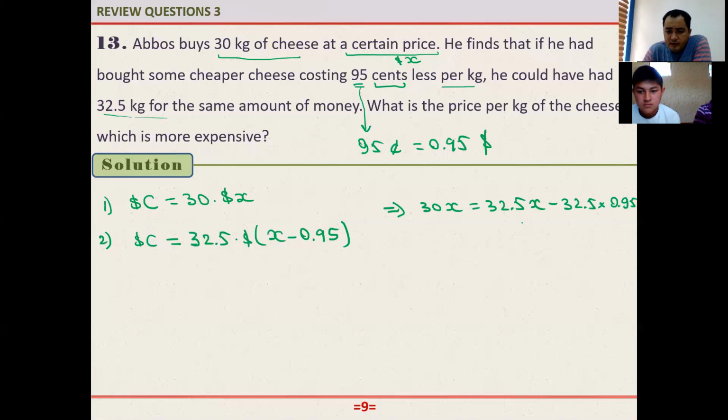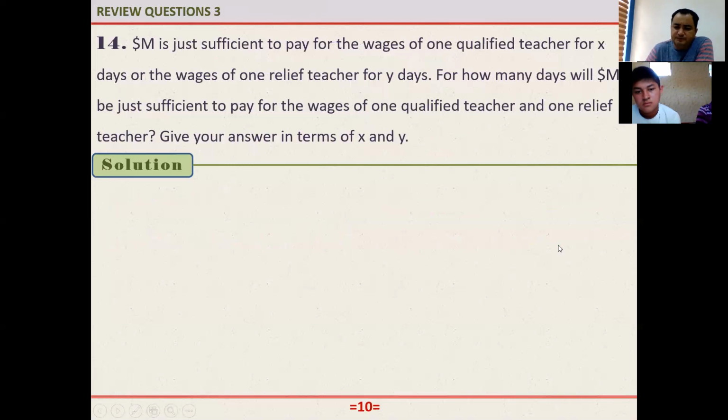So here, take this to the left-hand side, right? Here we have 30x minus 32.5x equals minus 32.5 times 0.95. You don't have to multiply this.